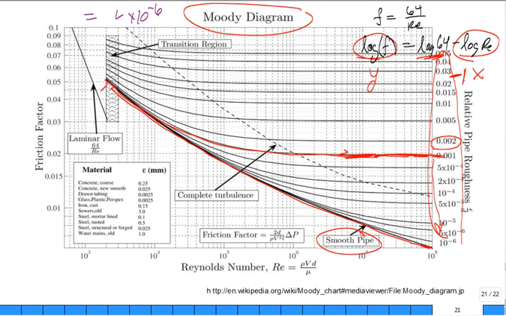Let's take a look. Over here, they give you some roughnesses of materials. Do they show you copper on there or not? Drawn tubing, 0.0025 millimeters. That's pretty small. Okay. What else is a really, really small number? Glass, plastic, and what's this?